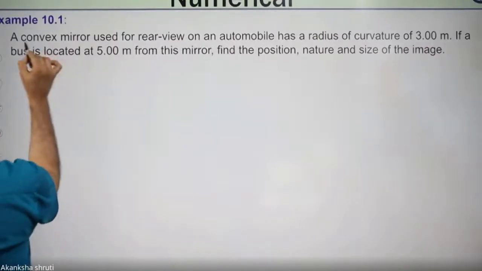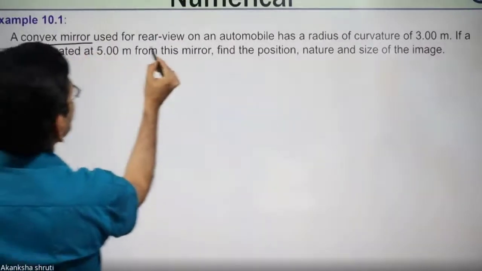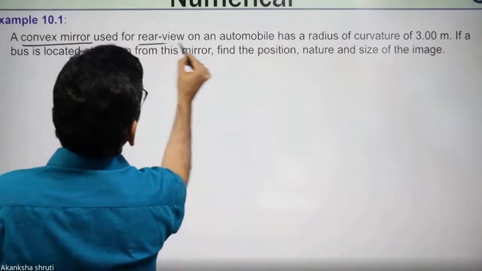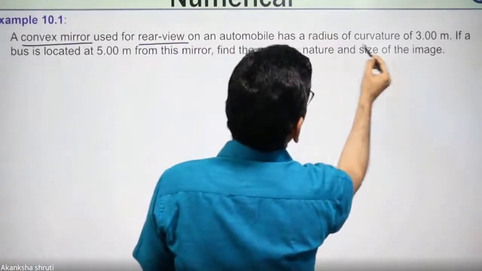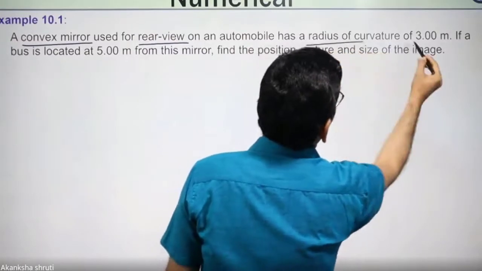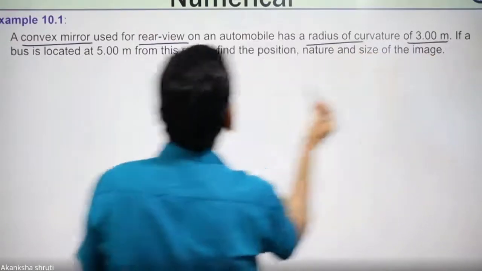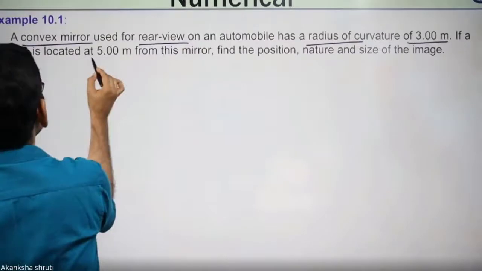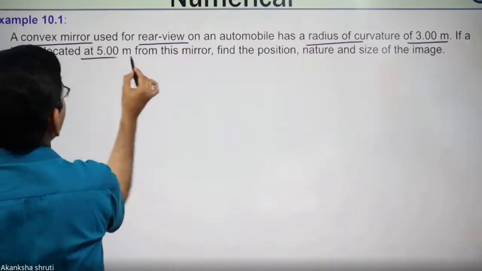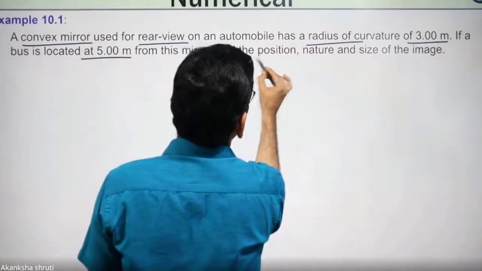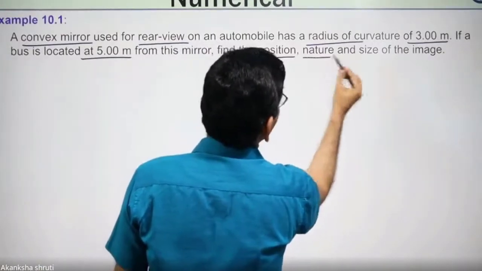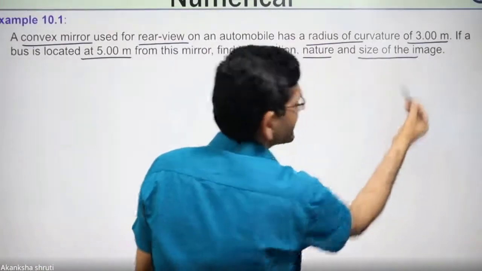A convex mirror used for rear view on an automobile has a radius of curvature of 3 meters. If a bus is located 5 meters from this mirror, find the position, nature, and size of the image.